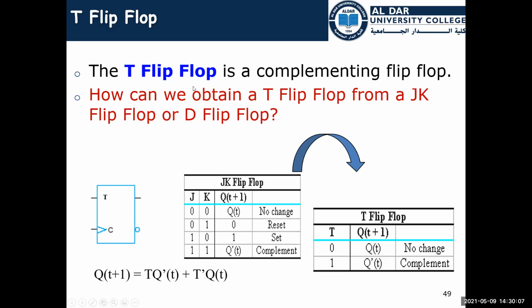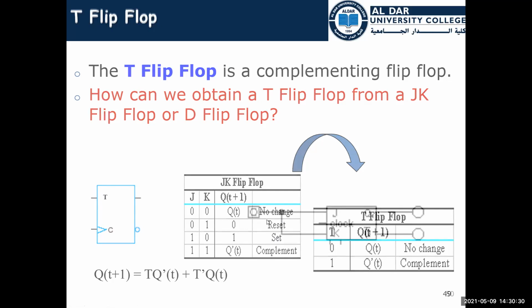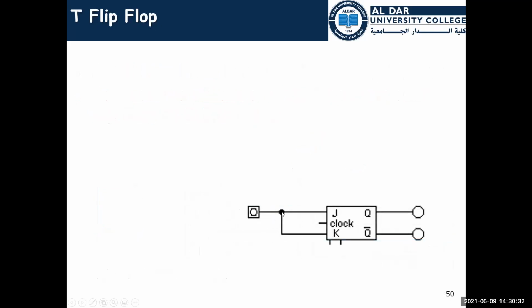How to get the T flip-flop from the JK flip-flop? We can do that just by compacting the table. If we have 0, 0, we have Q of t. If we have 1, 1, we have Q' of t. These are the two entries here, and the other two entries do not exist. But how to do that? We can do it simply by connecting the inputs.